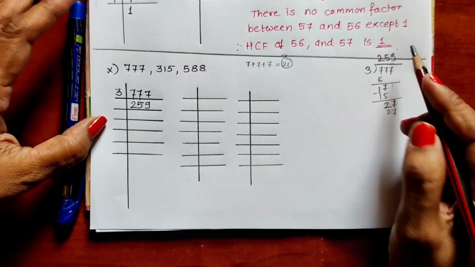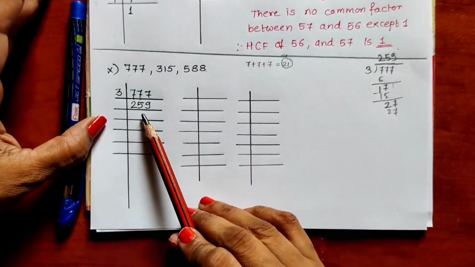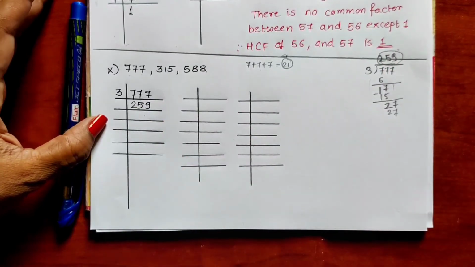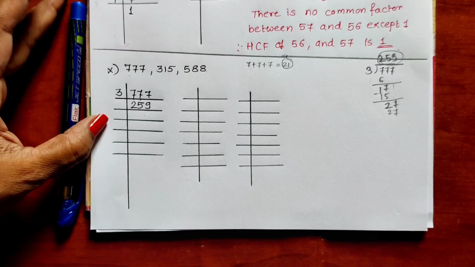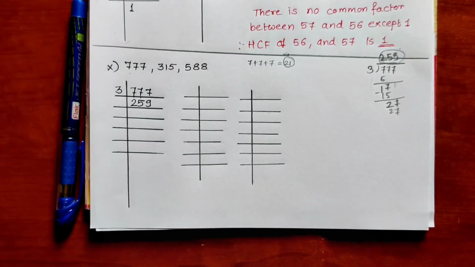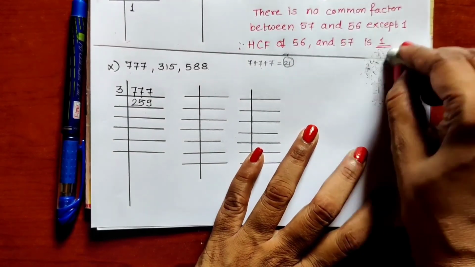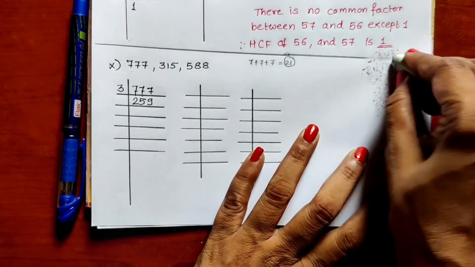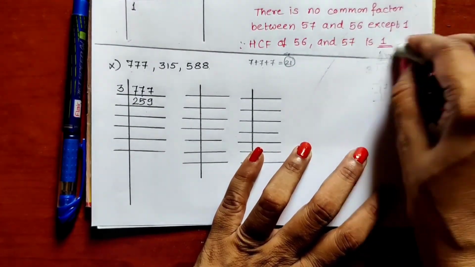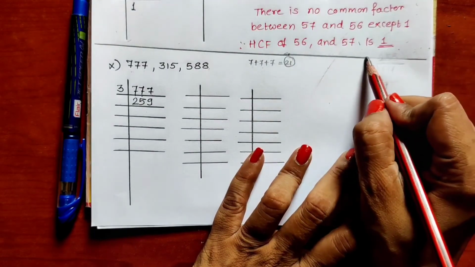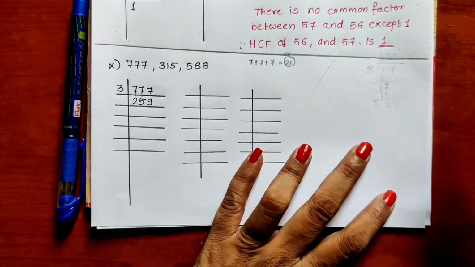So all these things we should do orally in our mind, and we should write the answer, this 259 here. So division should be done orally in the mind. This method should not be shown in the fair method. That's why I am rubbing it out.